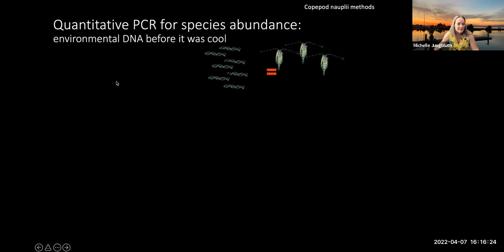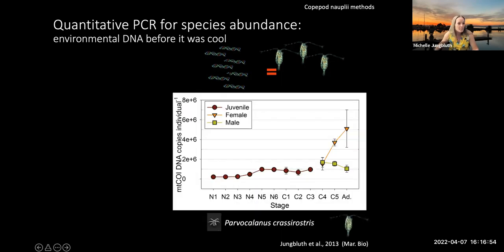And this is what I like to say is environmental DNA before it was cool. That aspect of environmental DNA uses species-specific primers for detection and sometimes quantification of your species of interest. So in this case, I was able to use those sequences to design primers that would amplify only one species out of a mixed sample. And after a range of testing and validation, I came up with a successful primer set.